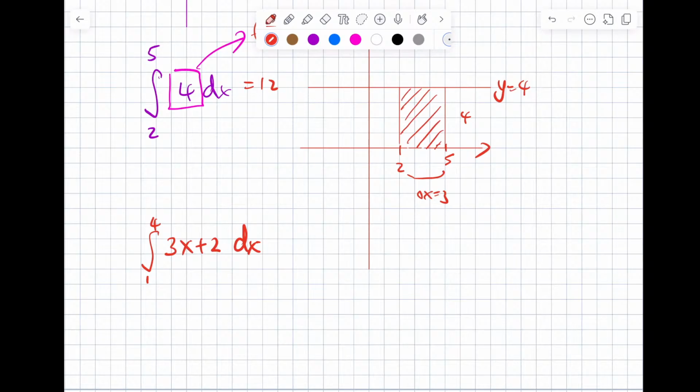For the same logic, do you know its integration from 1 to 4 of 3x plus 2 dx?